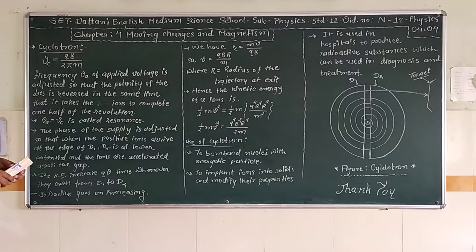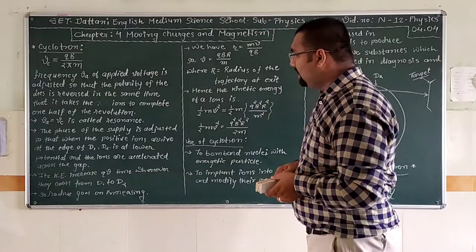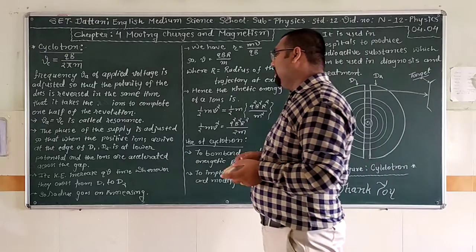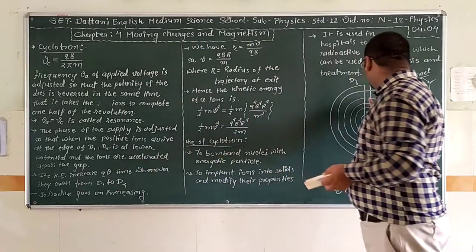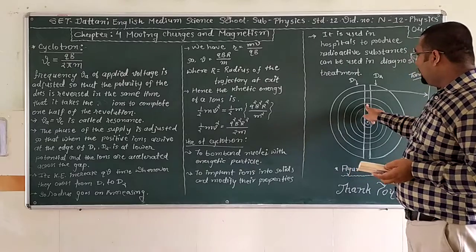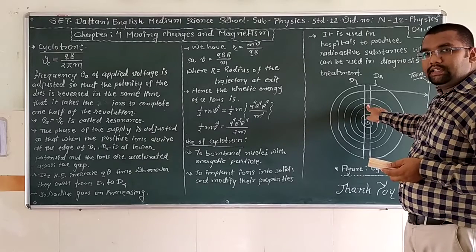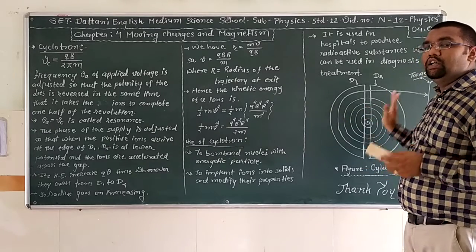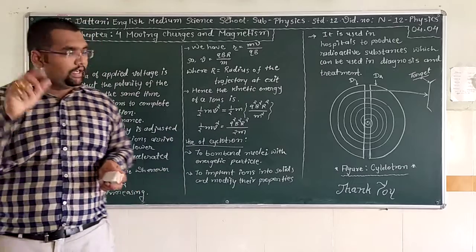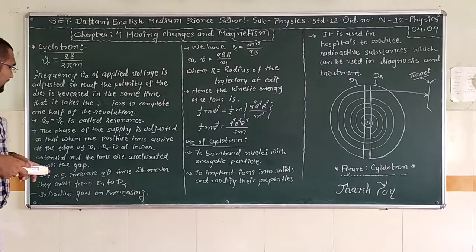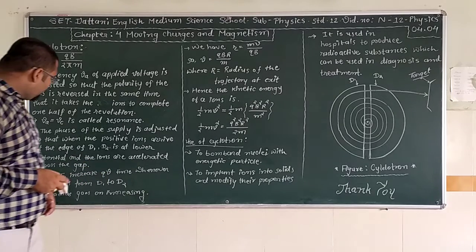The phase of the supply is adjusted so that when the positive ions arrive at the edge of D1, D2 is at lower potential and the ions are accelerated across the gap. Whenever the charge comes from D1 into the gap between the two D's, if the charge is at higher potential, then the other D should be at lower potential, so the charge can easily go into the second D. Its kinetic energy increases by qV whenever it crosses from D1 to D2.